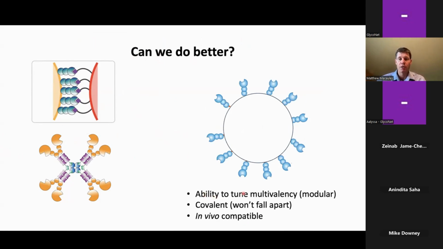We wanted to use a platform where we could tune multivalency, ideally up to almost hundreds of copies of the Siglec, and make it very modular so that we could tune this very readily. We wanted the Siglec to be covalently attached to our platform so it won't fall apart. And the real underlying reason for that is that we ultimately want to be able to inject this platform in vivo and follow where they go.